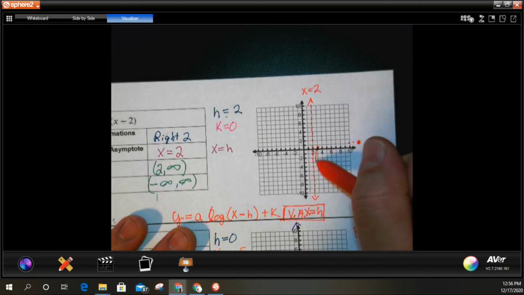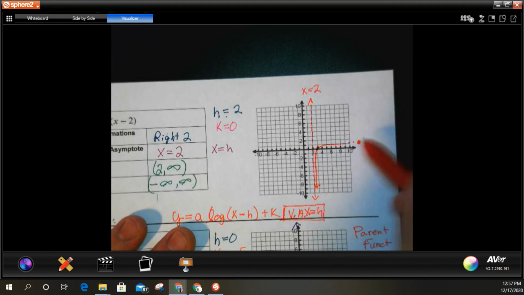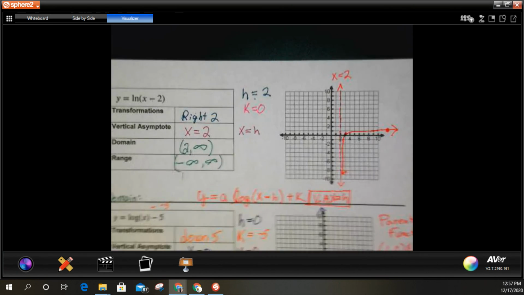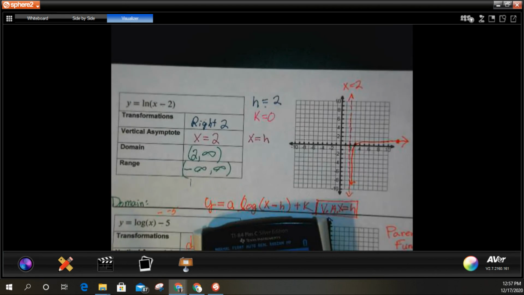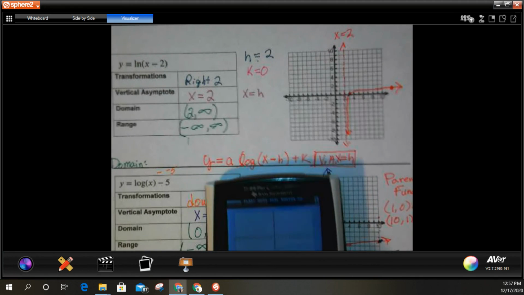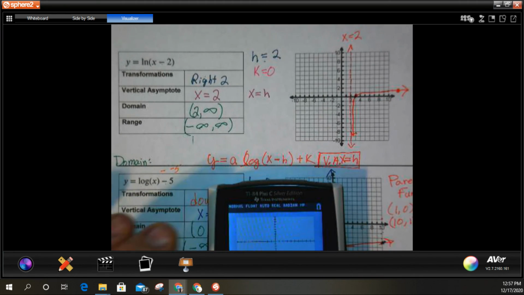Now, I'm going to check myself because I do have memory problems. Okay, so instead of the log button, we're going to hit the ln button, which is right underneath it. x minus 2, graph it, find some good points.